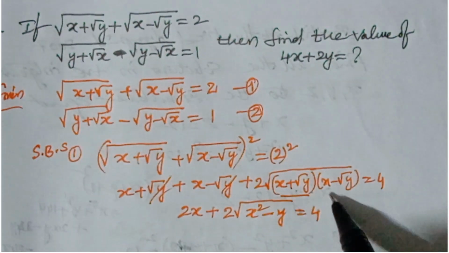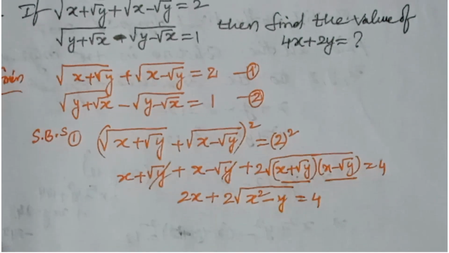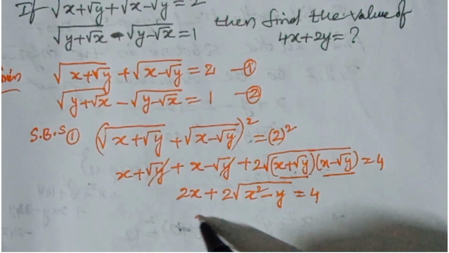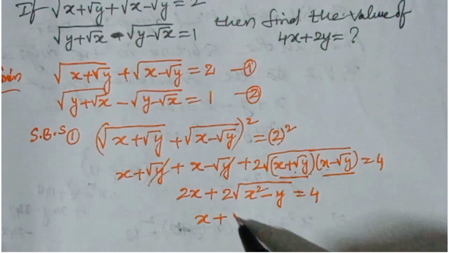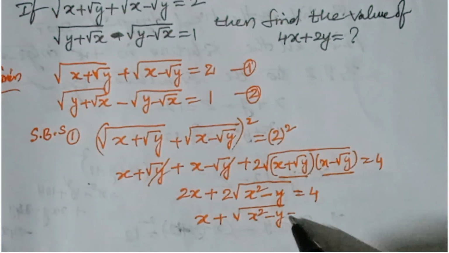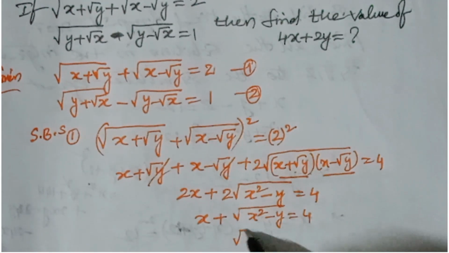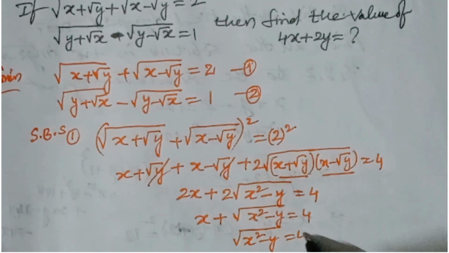We are using the a plus b, a minus b formula here. Taking 2 common, x plus root of x square minus y is equal to 4. Now sending x to that side, root of x square minus y is equal to 4 minus x.